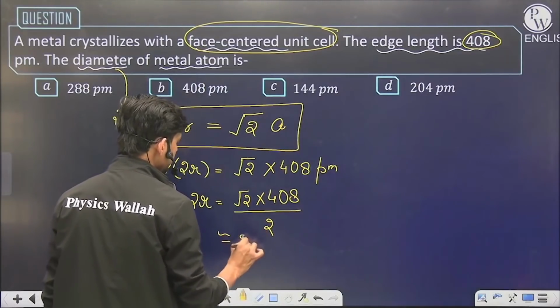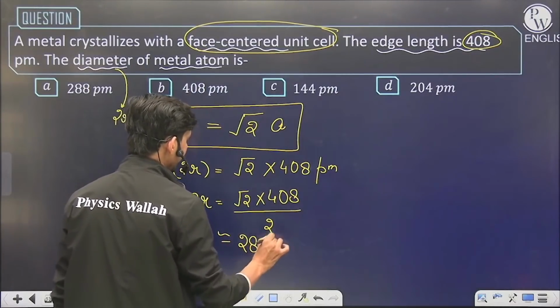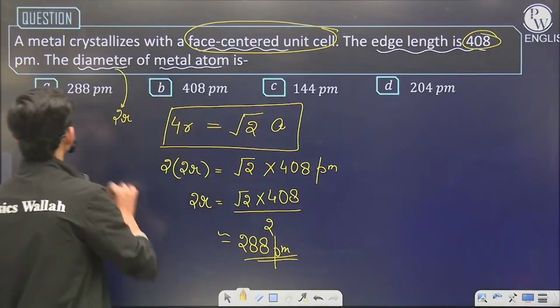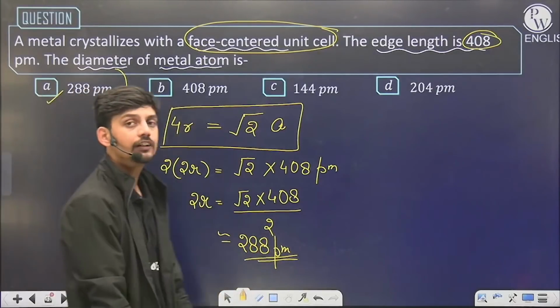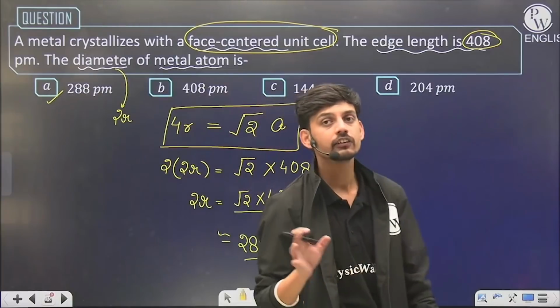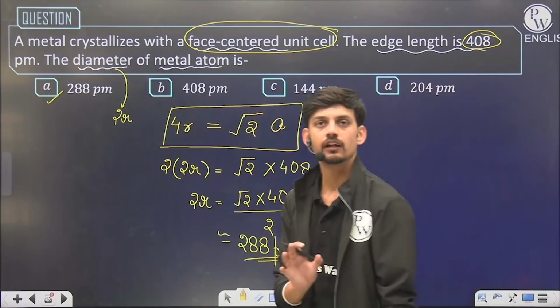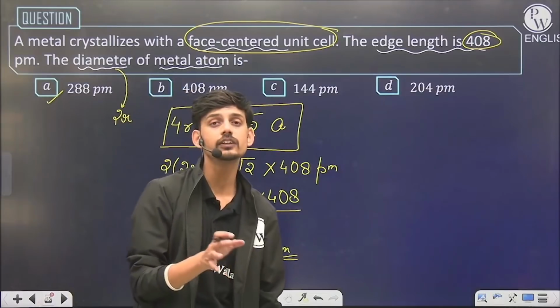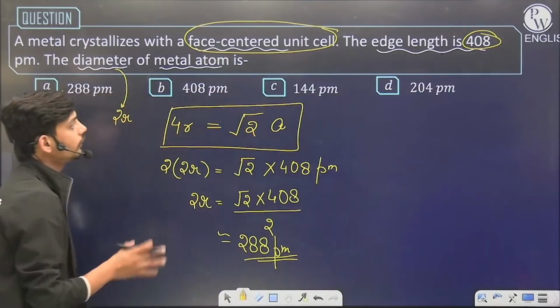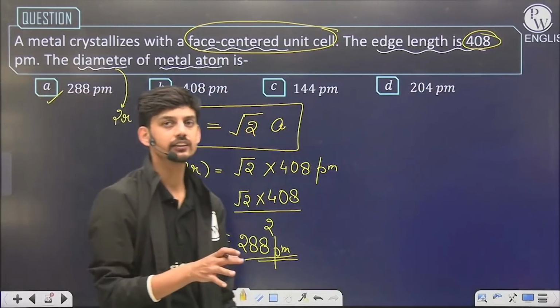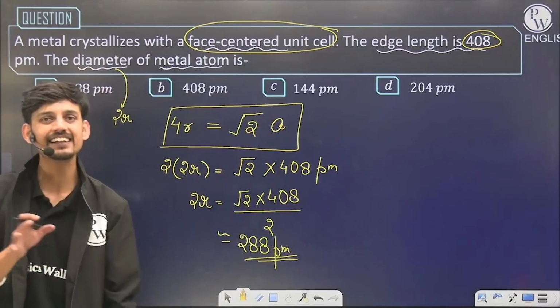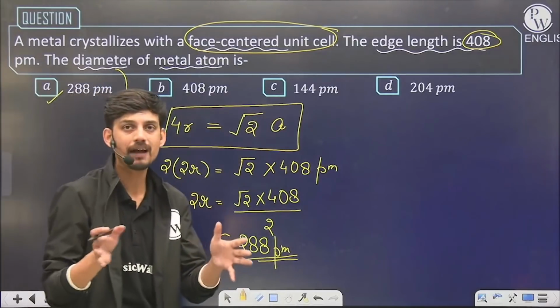Solving this gives an approximate diameter of 288 picometer. Option A. So that's how we do the question of rank and the question based on radius relation. If I know the relation between radius and edge length, I can do the calculation very easily. If I don't know the relation, then I can find it. You also know how to find the relation between radius and edge length by using the closed packing approximation.